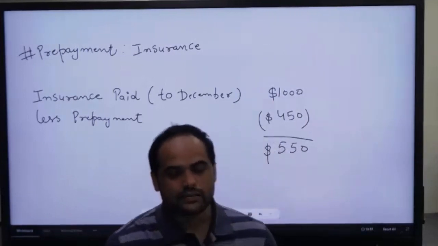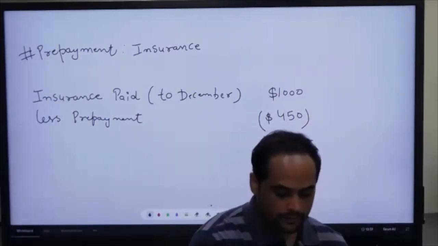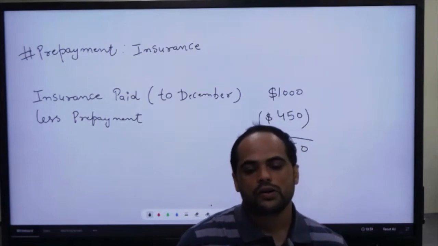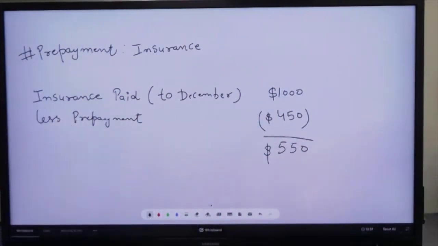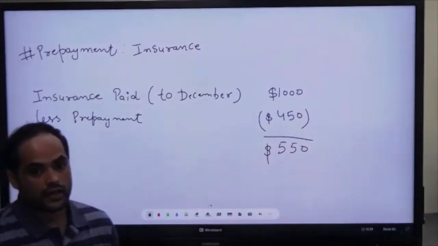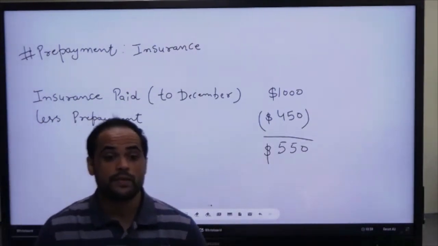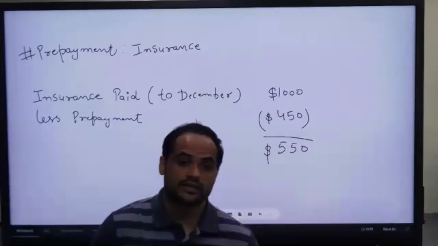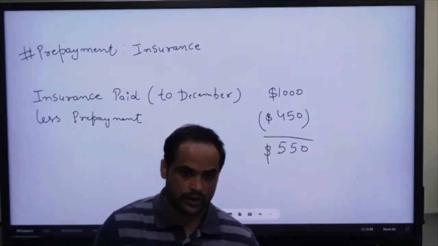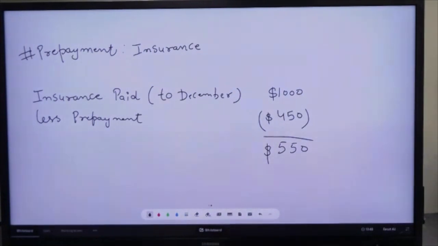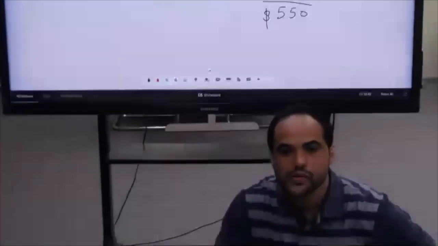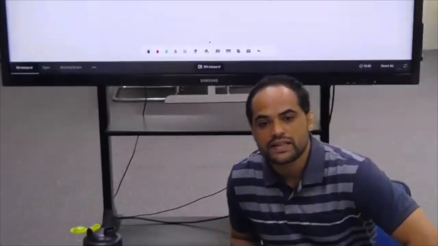So that's the idea behind the information for prepayments and accruals. So prepayments and accruals is finished, right? Can we move on to depreciation?